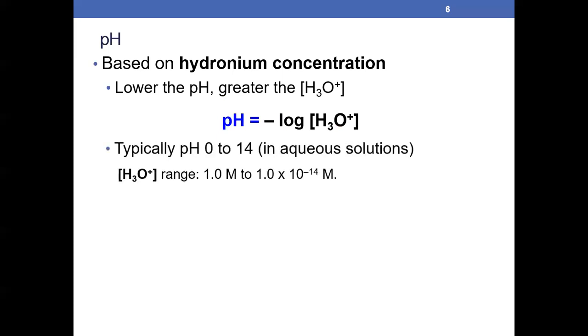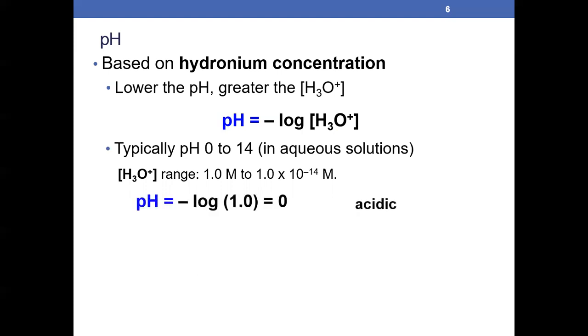Typically in aqueous solutions, we're somewhere between 0 and 14. There are exceptions to this, and as you get outside of aqueous-based solutions, the scale gets larger. In the context of specific concentrations, we're going from 1 molar to 10 to the minus 14 molar of H3O plus.